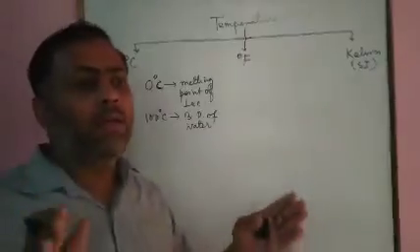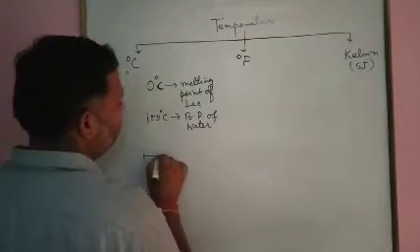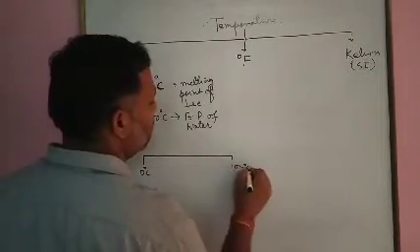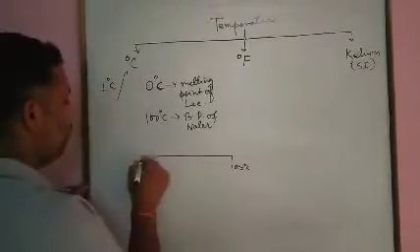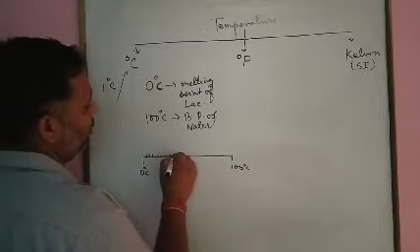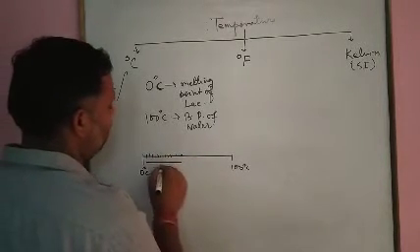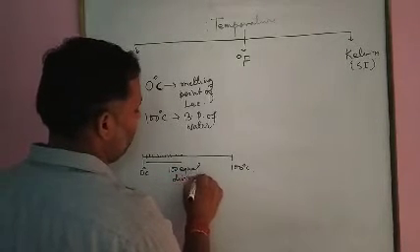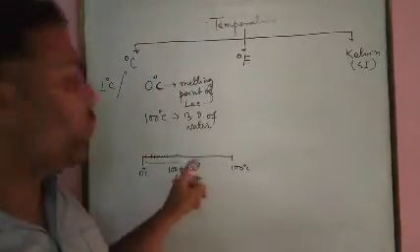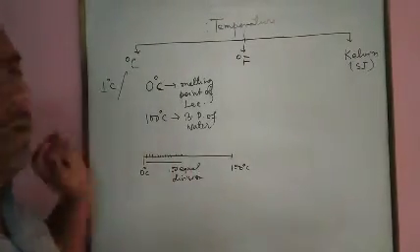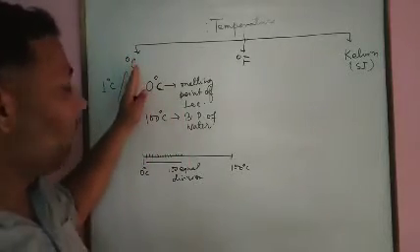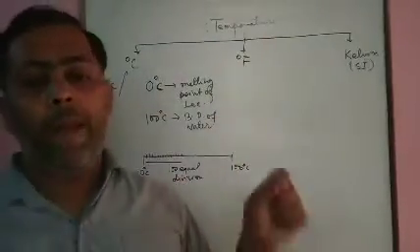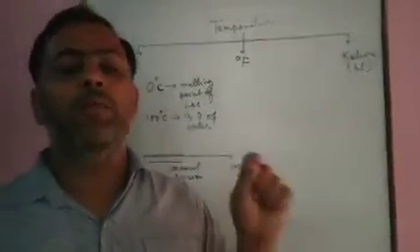That distance from 0 degree centigrade to 100 degree centigrade is divided into 100 equal divisions. One division, one fraction of this length, is equal to 1 degree centigrade. So the centigrade scale and the Fahrenheit scale are based on the melting point of ice and the boiling point of water.